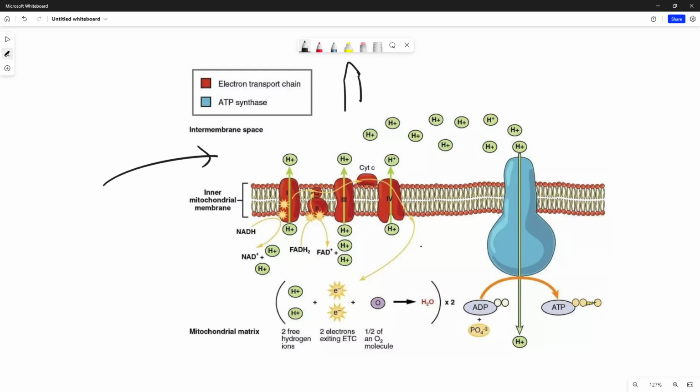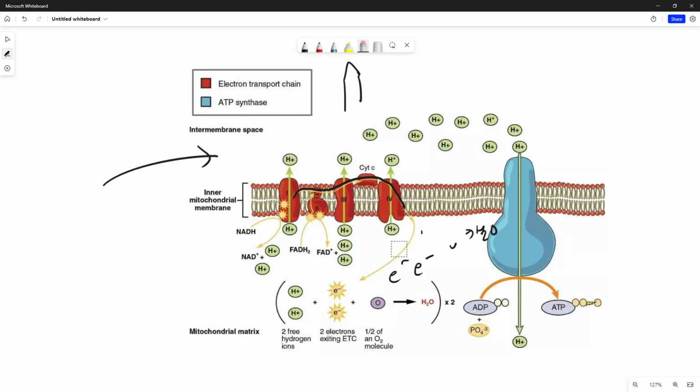So all the electron carriers dump their electrons here. These electrons go through all these systems, and at the end we have hydrogen and some electrons plus 1 molecule of oxygen to give us water. So here we may have 2 hydrogen protons plus 2 electrons at the end of the electron transport chain, and then these combine with 1 oxygen to form a water molecule.